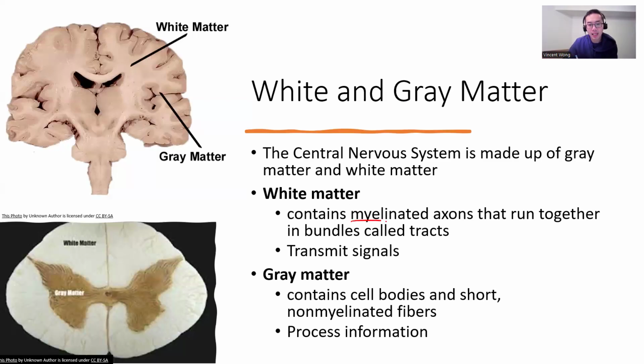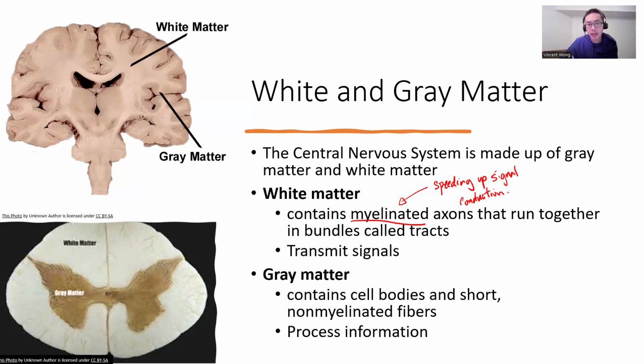So remember, the myelin is responsible for speeding up conduction of signals along the axons. And within the central nervous system, the kind of cells that makes up the myelins are called oligodendrocytes. So these myelins are important for speeding up signal conduction.